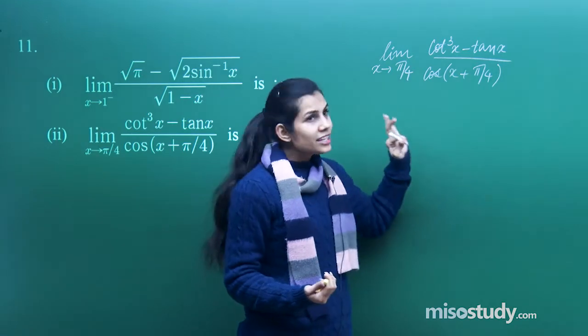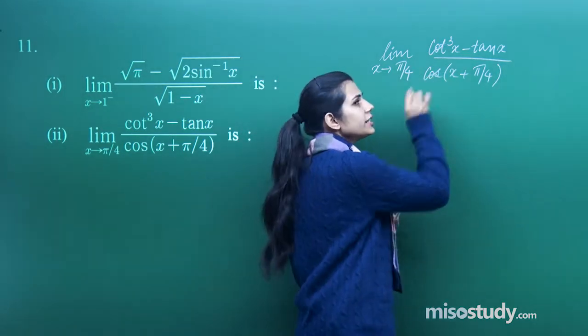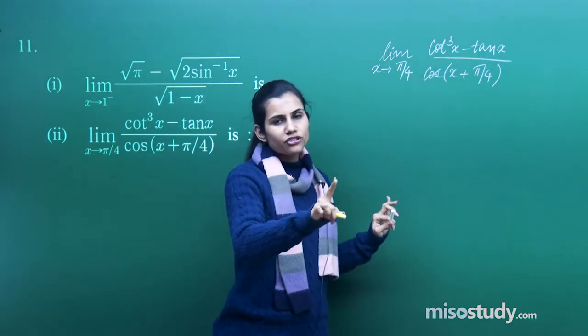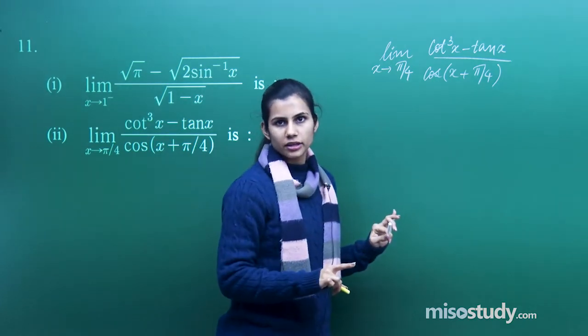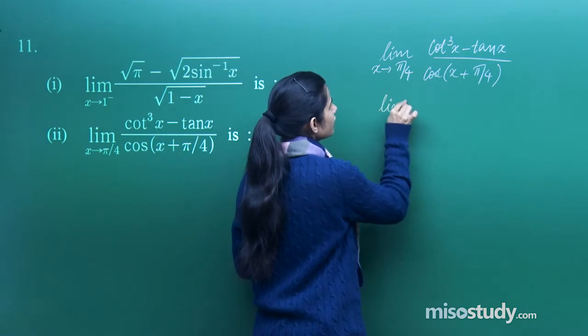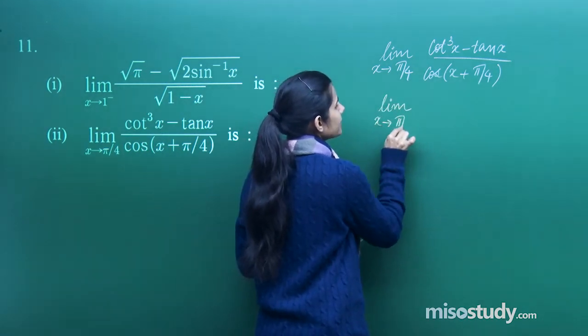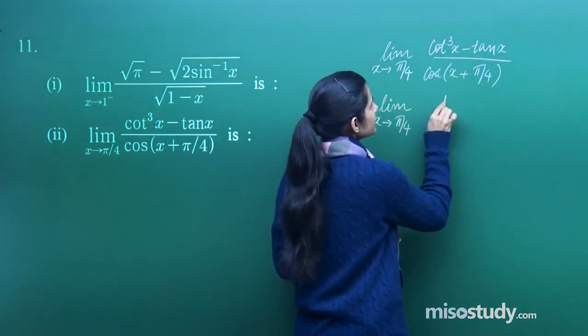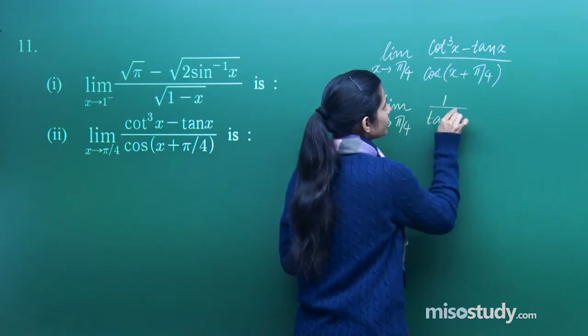So the moment I'm seeing cot and tan, with cos also written, my direct implication is to just change everything. Let's convert things for simplification. That really always helps. Cot cube x can be written as 1 upon tan cube x.